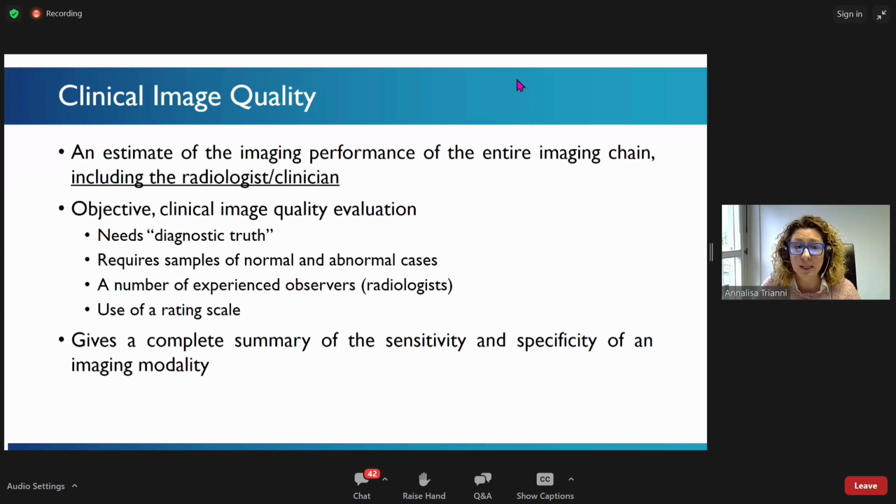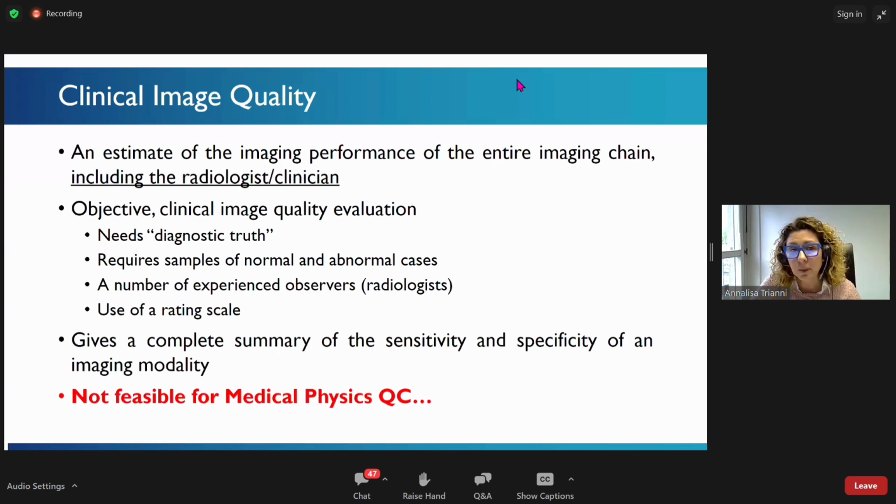What we need is an objective clinical image quality evaluation, so we need to know the diagnostic truth. We need samples of normal and abnormal cases, a number of experienced observers, and we need to set up a rating scale. This, in principle, gives a summary of sensitivity and specificity of an imaging modality, but definitely that's not feasible for medical physicists' quality control.